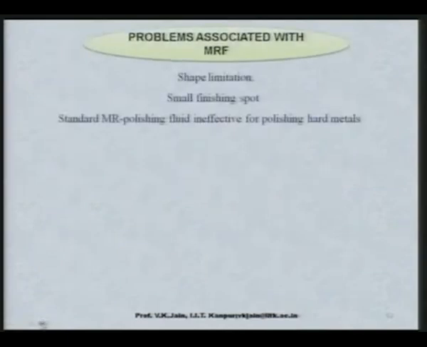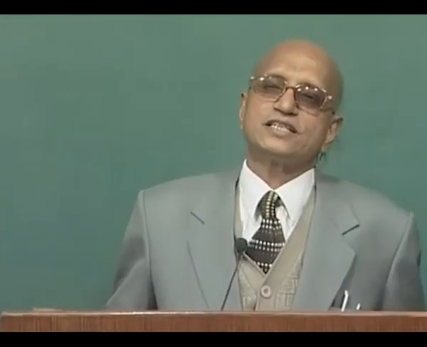Now, there are certain problems associated with the magnetorheological finishing process. First thing is the shape limitation. You have seen that complex shapes cannot be finished, three dimensional components cannot be finished. A small finishing spot is formed; a small area is being finished at a time.